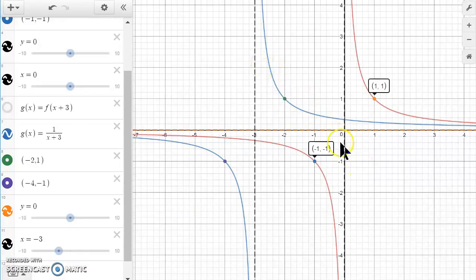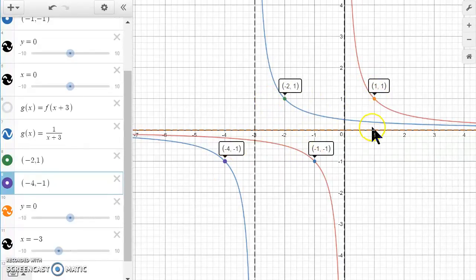The blue graph, this hyperbola, is the graph of 1 over x plus 3. And as you can see here, I've just moved the point to the left 3 units, moved this point to the left 3 units, moved the vertical asymptote to the left by 3 units. The horizontal asymptote stays the same.